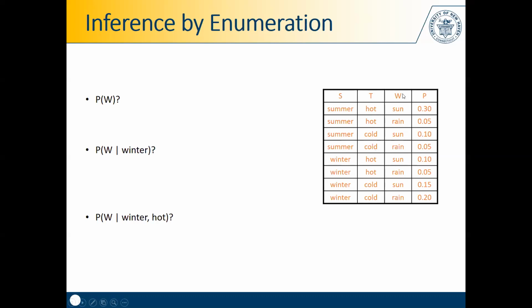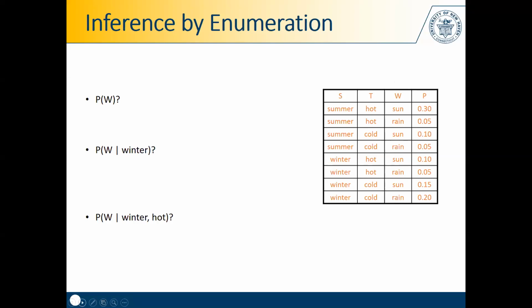And then we have a weather variable, which can be sunny or rainy. Now, let's say we want to reason about or infer the conditional probability distribution of W, the weather variable, given that the current season is winter.